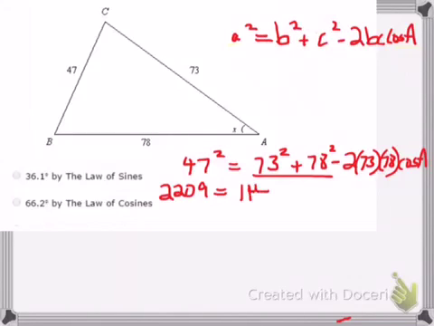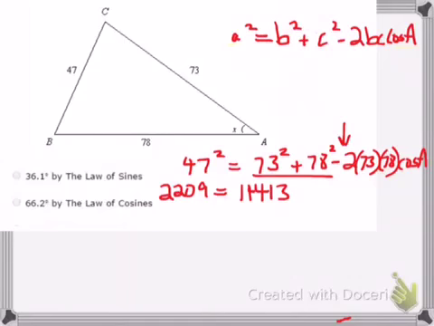Now, where most students make their mistake on law of cosines is doing this subtraction. A lot of students would say 11,413 minus 2 times 73 times 78, and then have that times the cosine of A. Well, when you subtract before you multiply, you disobey the order of operations.